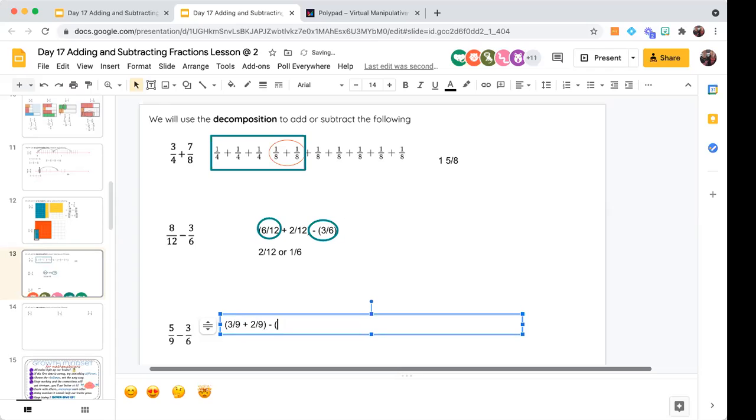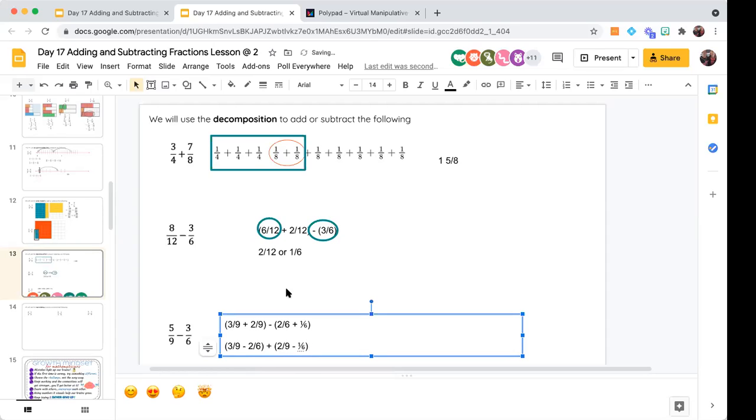From that, I'm going to take away, again thinking about thirds, I can decompose 3/6 into 2/6, which is a third, plus 1/6. Rearranging my terms then, this is the same as 3/9 or 1/3 minus 2/6, which is 1/3, with our leftovers of 2/9 minus 1/6.